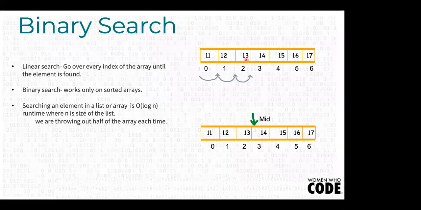Before that, I just wanted to point out that the time complexity, the runtime of searching an element using binary search, is logarithmic n, where n is the size of the list. In case of linear search, you have to go through every element one at a time. But in case of binary search, every time you do the search, you throw away half of the elements.